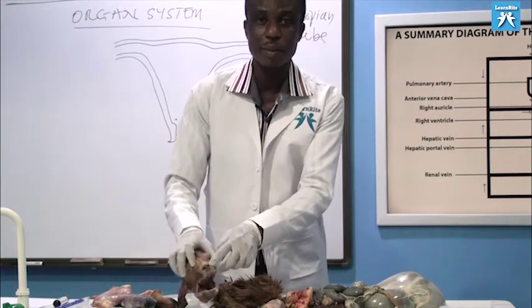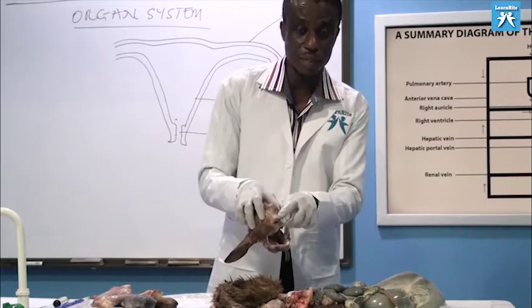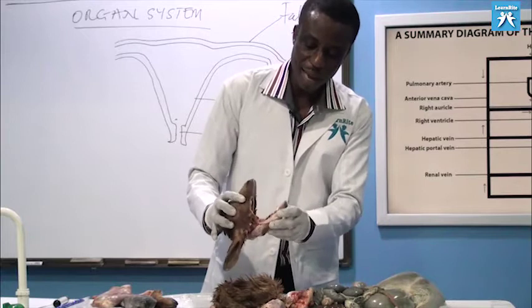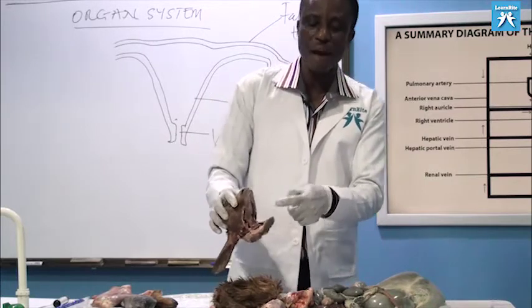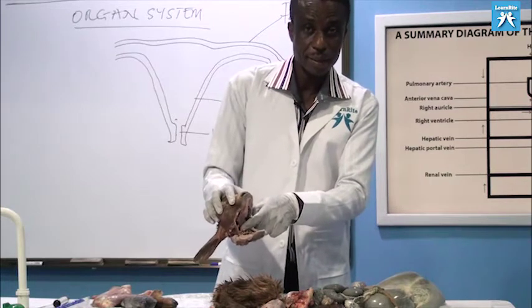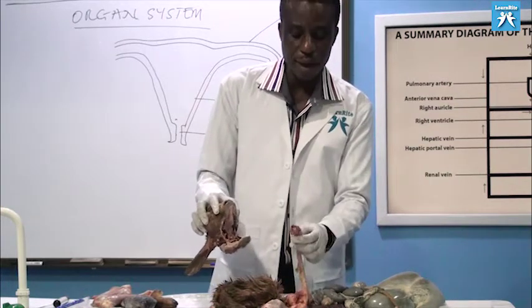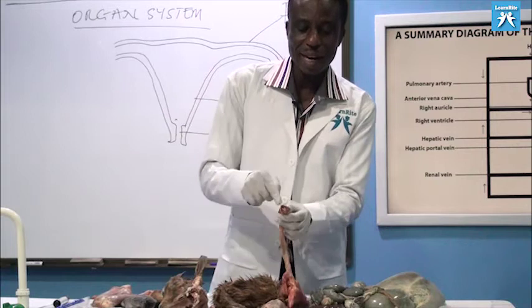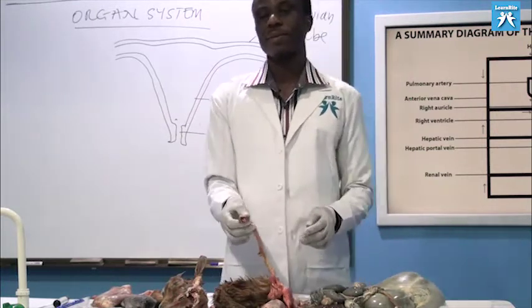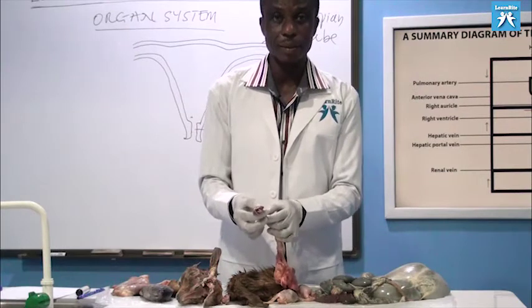Don't forget your nostril. I hope you have seen that. Air will pass through the nostril. Then we have pharynx. That's the throat, here, inside here. Pharynx to larynx. Then larynx.